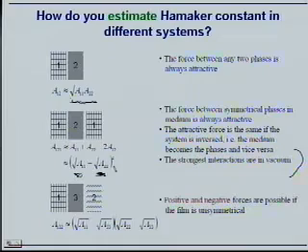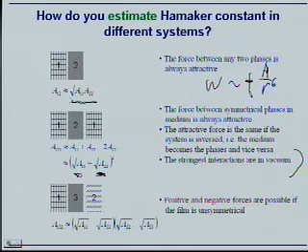Now, how this works, again, let me remind you that the interactions would be proportional to the Hamaker constant over the radius to the 6th power. And you have minus here by default. If the Hamaker constant is positive, the interactions are going to be negative, which means attractive. If the Hamaker constant is negative, then the interactions are going to be repulsive.